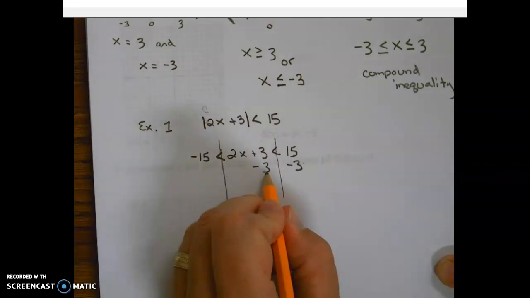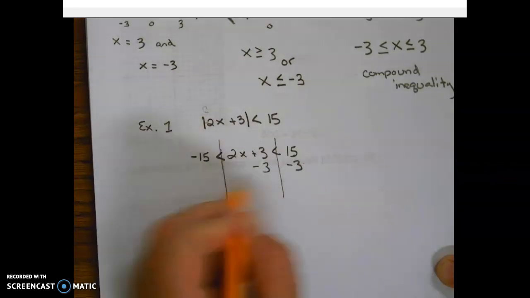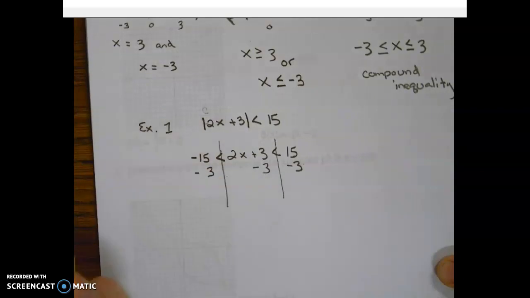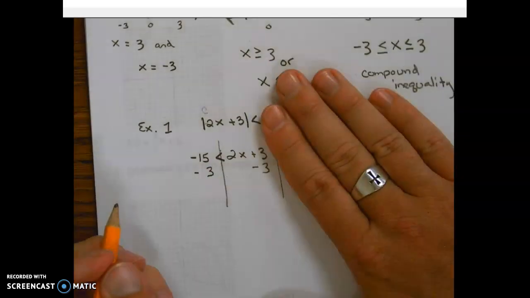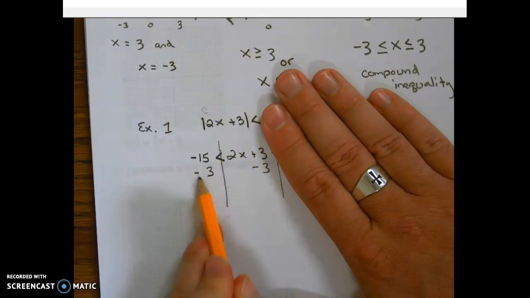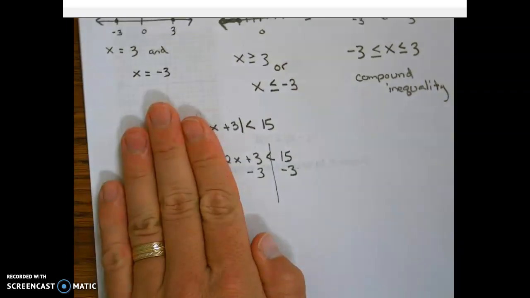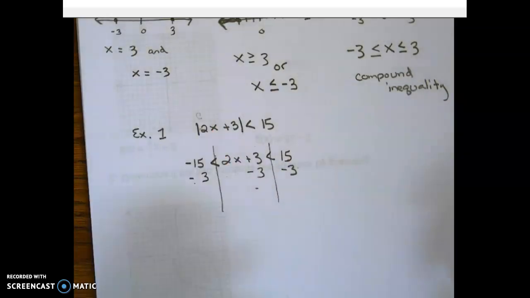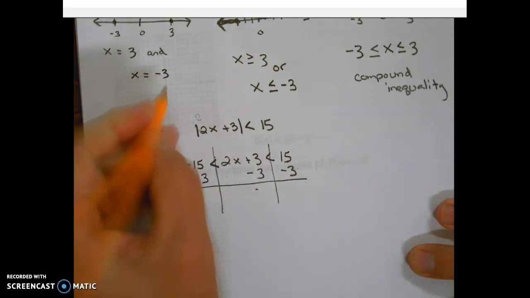If we subtract 3 on this side, we have to subtract 3 on this side. Okay, remember there's two inequalities here. So if we were just solving this one, we'd have to do this. If we were just solving this one, we'd have to do this. All right.